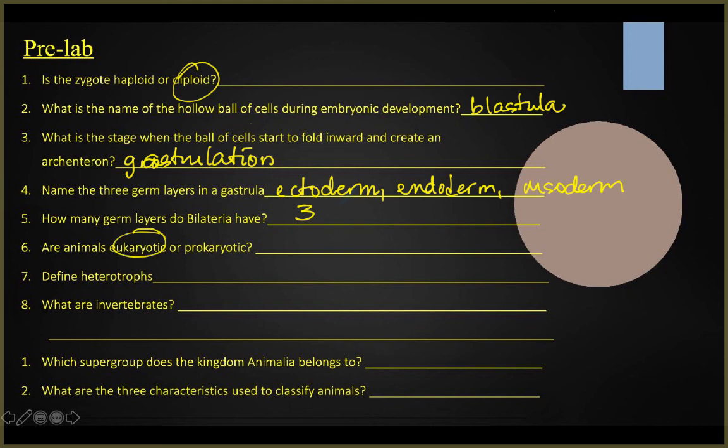Eukaryotic. Define heterotroph. They cannot produce their own food. Basically, they take nutrients from other sources of organic carbon, mainly plant and animal matter. What are invertebrates?